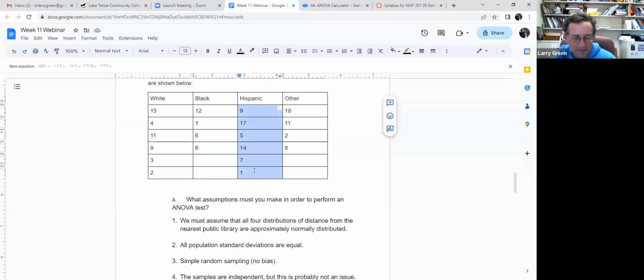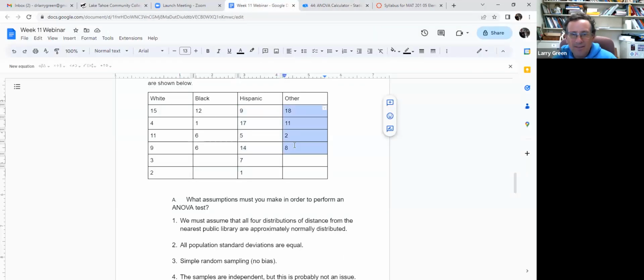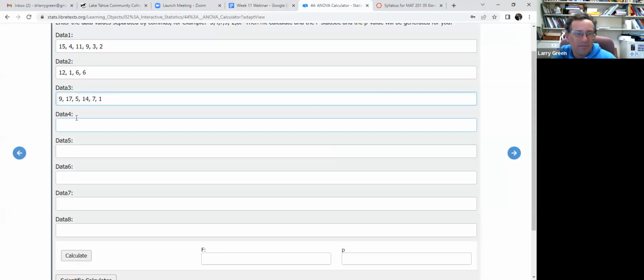And then I need to do it for the next one. 9, 17, 5, 14, 1, 7, 1, there we go. And then we have 18, 11, 2, 8. Any questions on entering in the data?